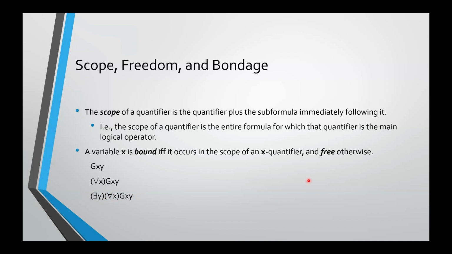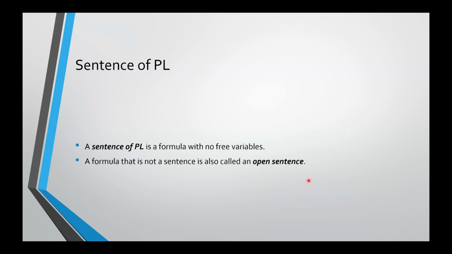Okay. Having defined scope and the difference between free and bound variables, we can now define a sentence of PL. A sentence of PL is just a formula that doesn't have any free variables in it. An atomic sentence is an atomic formula that contains constants, but no free variables.